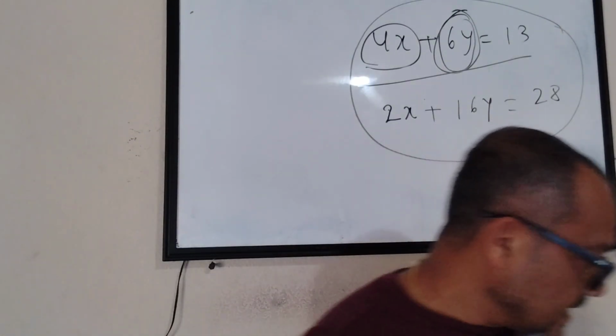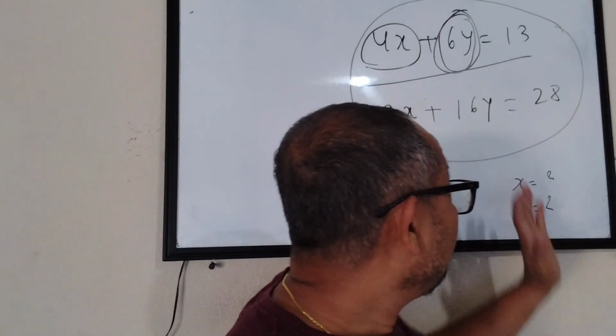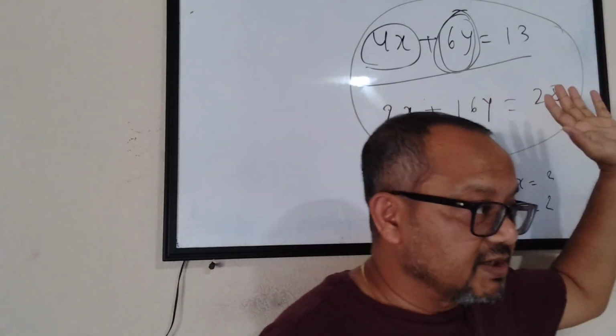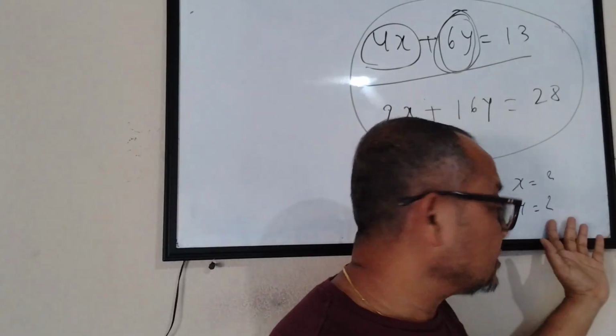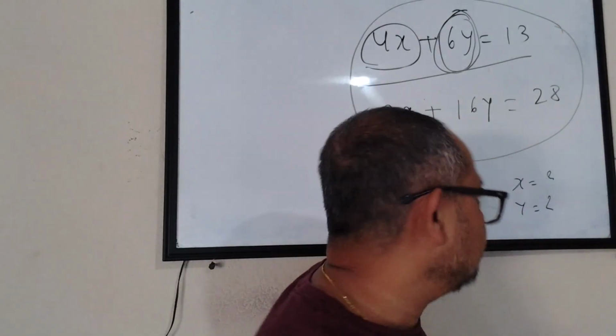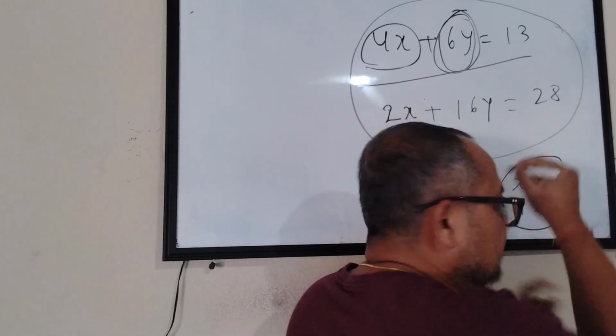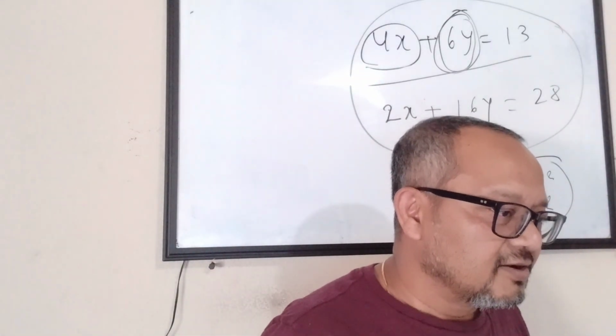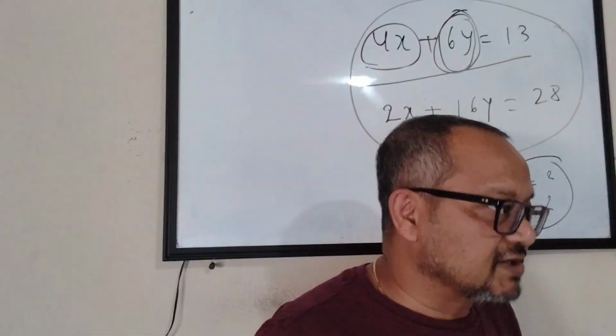Now, I said when you have a group of equations to deal with, there's a possibility that you might get a solution with exact value. If you get the exact value by solving the two equations, it is called a consistent system of equations.